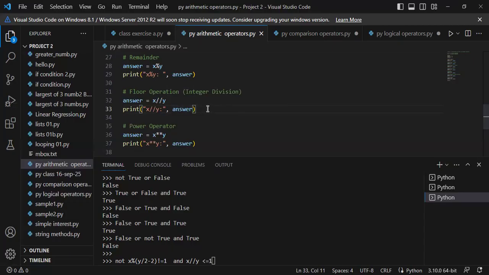Anything after the point is cut off. Okay, all right. Let's test this.